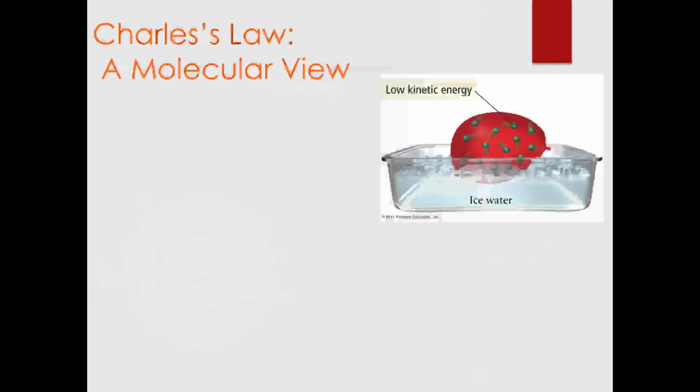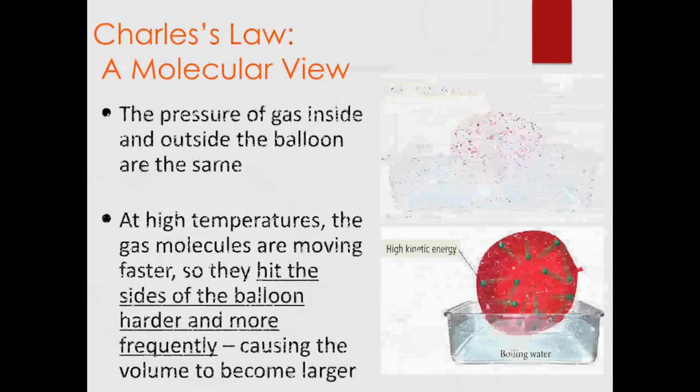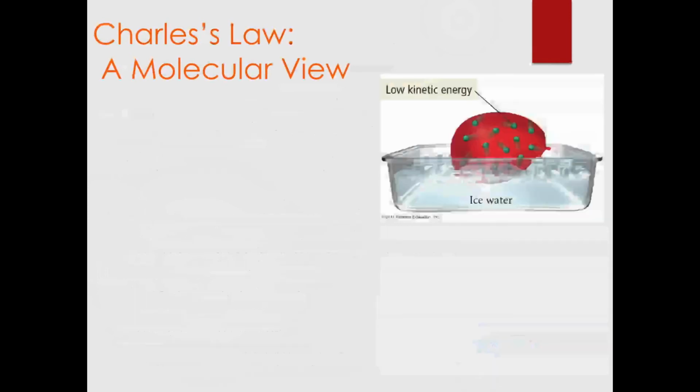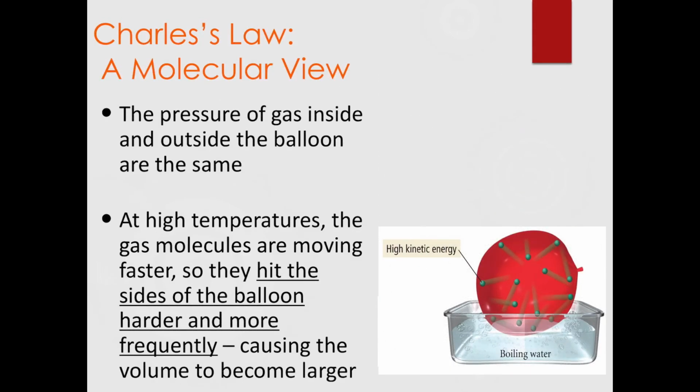And remember, we always use collisions to think about pressure. So less collisions means less pressure. The lower the temperature, the less frequently those particles will hit the walls of the container, which means we will have a decreased pressure on the inside of the balloon. Since we assume the pressure inside the balloon is normally equal to the pressure outside, when this happens, that balloon will shrink. So if you stick a balloon in ice water, it will shrink.